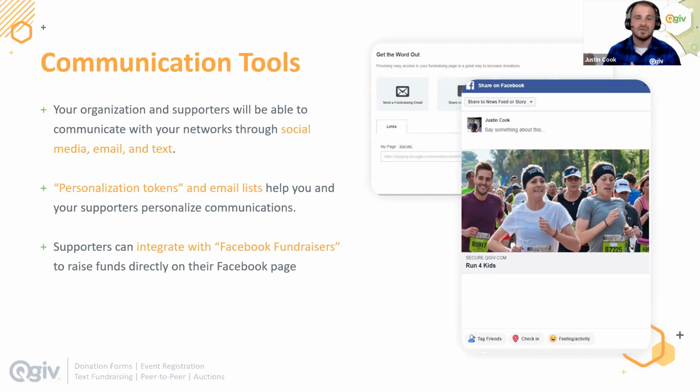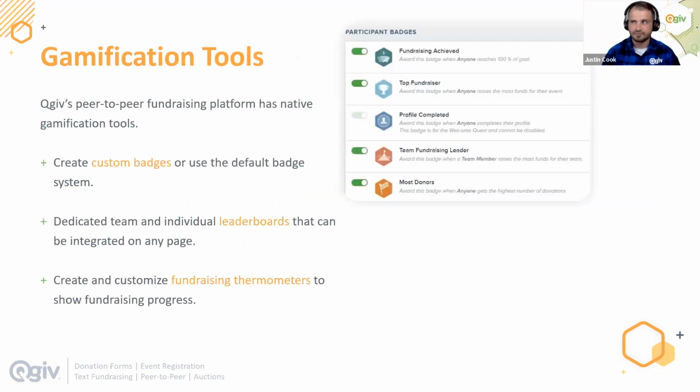These are great to use within your supporters' campaign so that they can personalize all the communications that are going out. And finally, we have a direct integration with Facebook Fundraisers. So they can set up this integration and raise all of the money that they're looking for on Facebook itself. Really great integration for everyone to use, including your supporters.